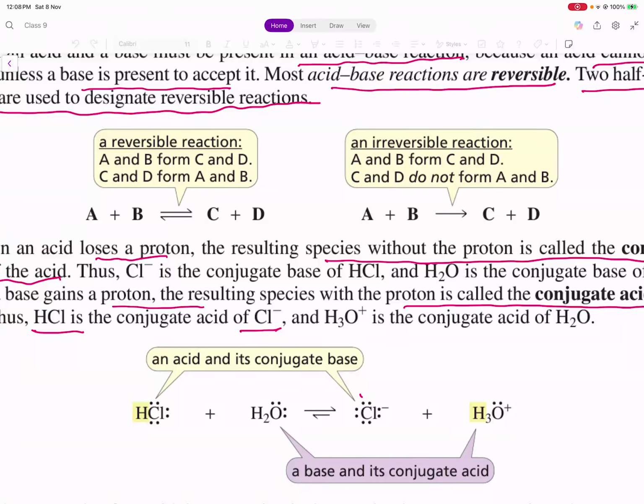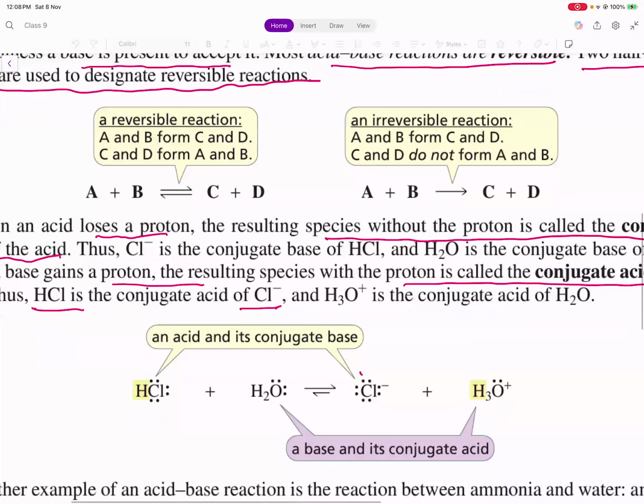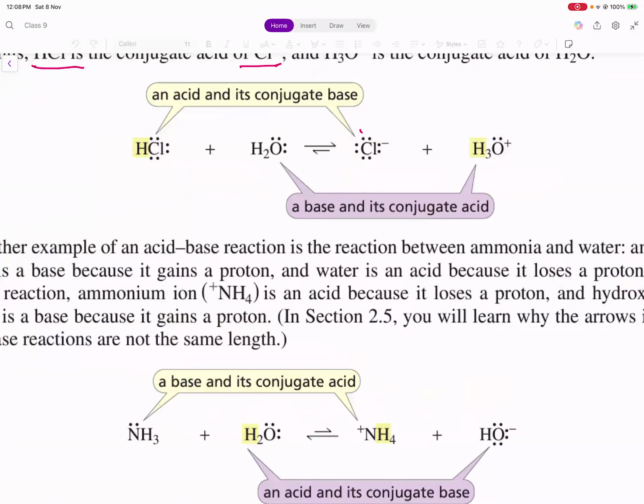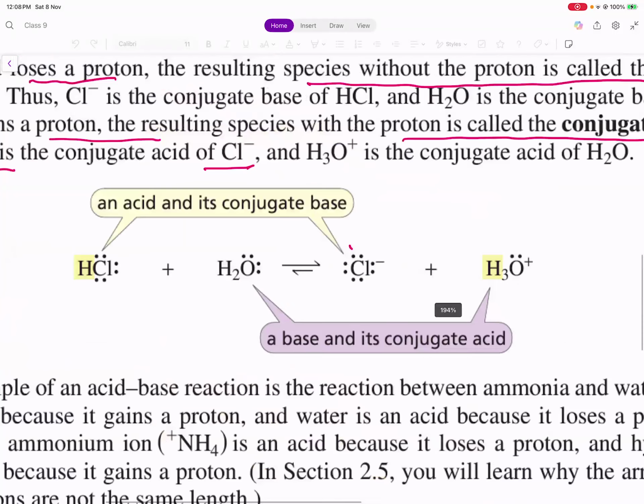Now another important concept we discussed was the concept of conjugate acid base pairs. So what exactly are we talking about here? Whenever I'm asked to draw a conjugate acid, I will simply add H plus.